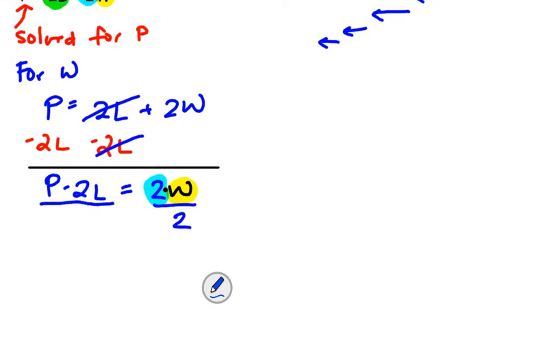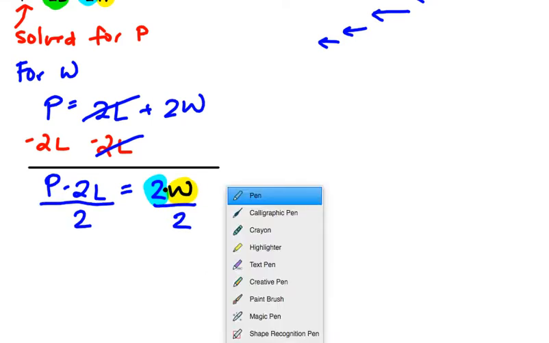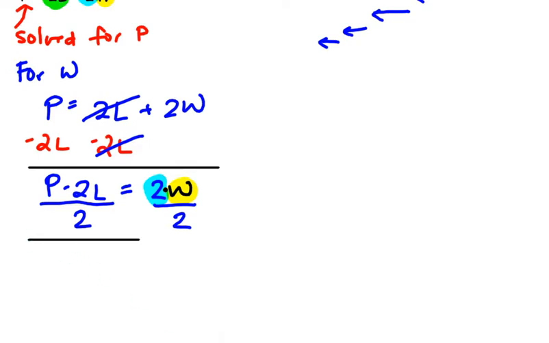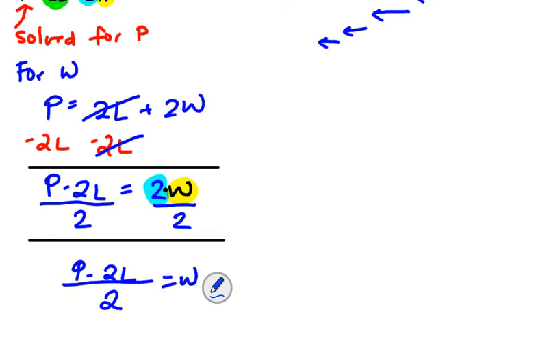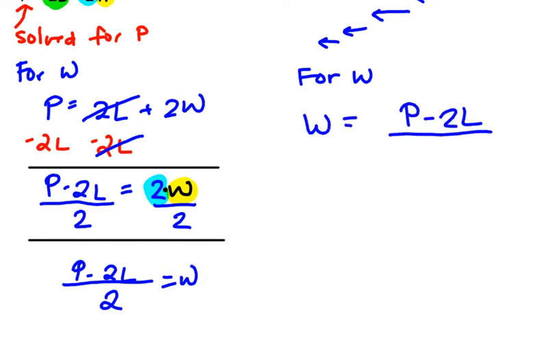Again, the same idea, what you do on one side, you do to the other. Now what I have is P minus 2L all over 2, and that's equal to W. When you rewrite that, it is solved for W: W equals P minus 2L all over 2.